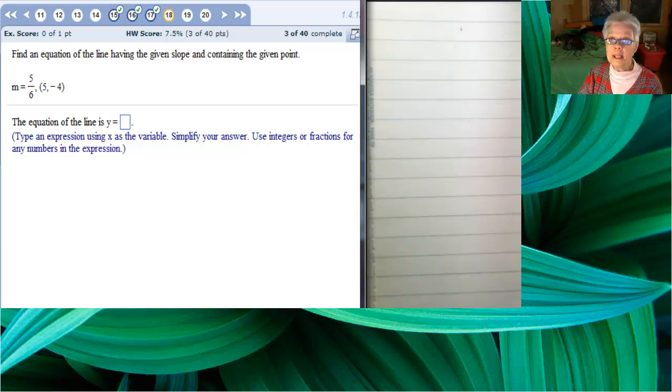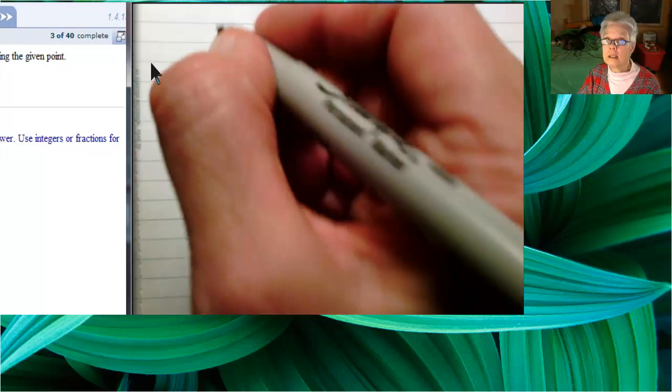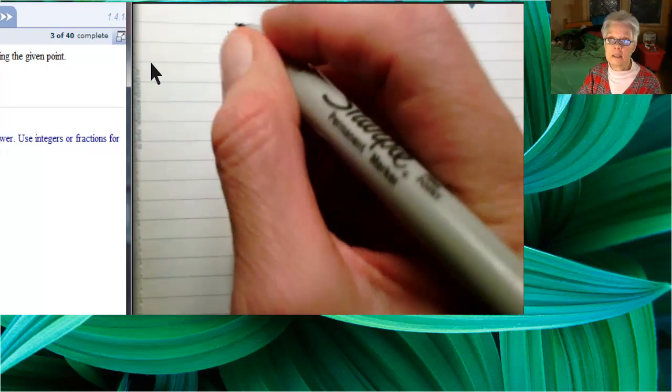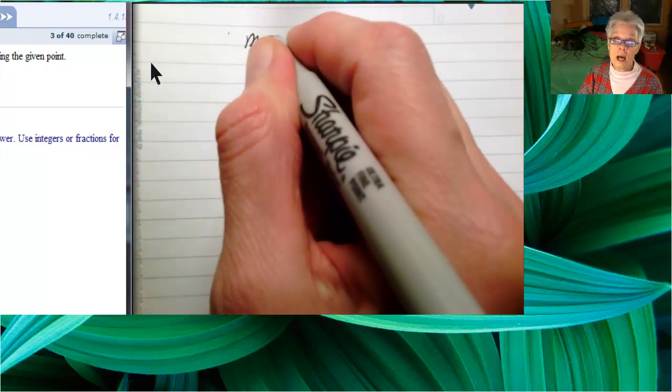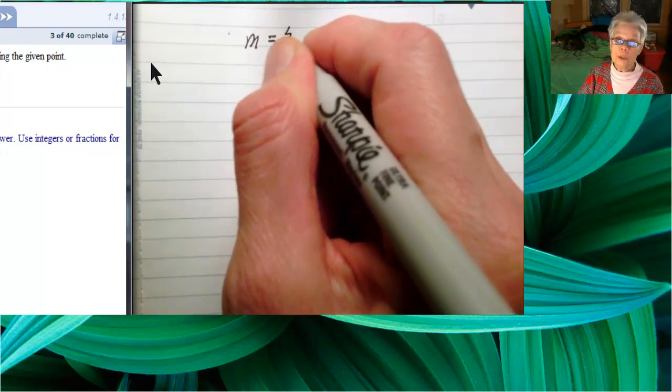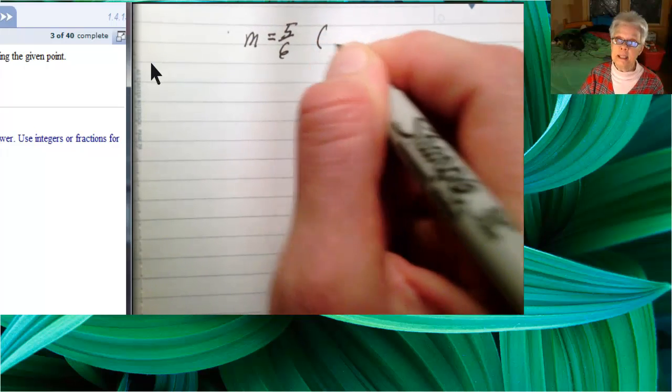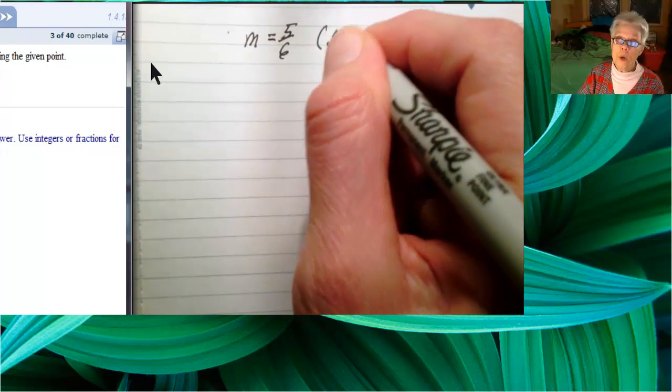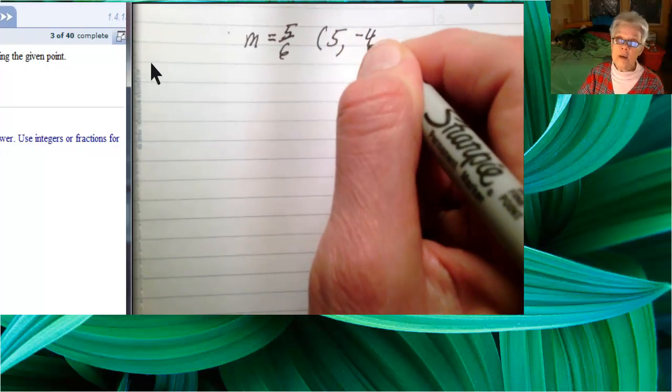All right, number 18. We're going to find the equation of the line having the given slope 5/6 and containing the given point (5, negative 4). I am going to use, well, let's see, m is 5/6, and the point is (5, negative 4).